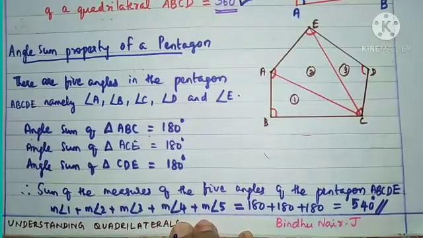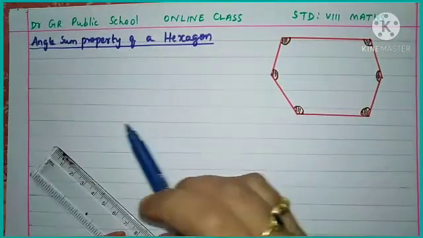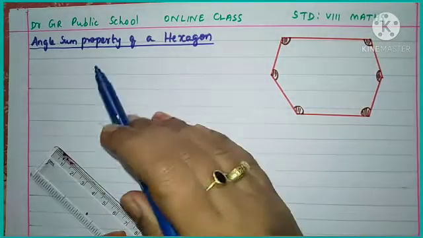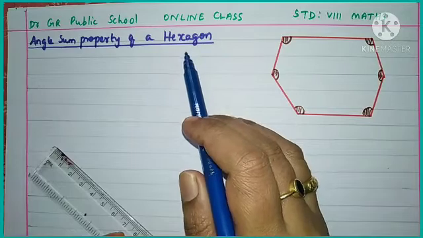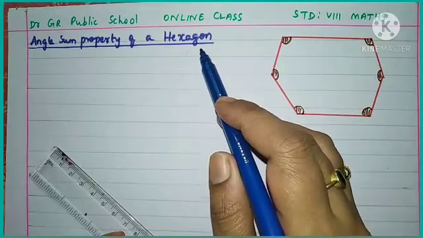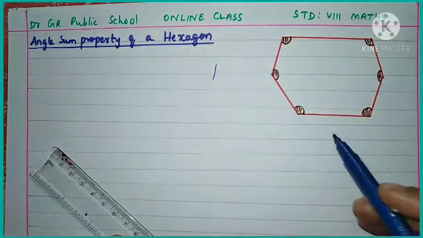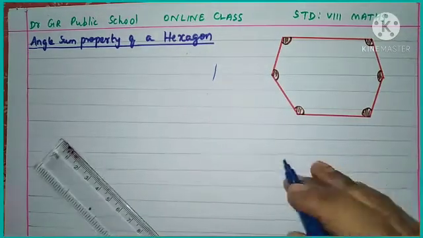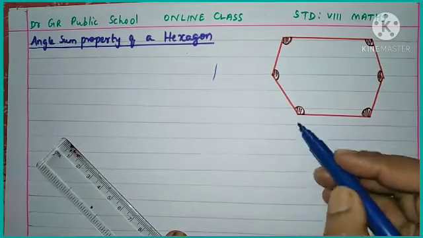Okay. Now children, we can look at one more closed figure, that is the angle sum property of a hexagon. What do you mean by hexagon? A closed figure having 6 sides is called a hexagon. So here I have drawn a hexagon, and how many angles does this hexagon have?